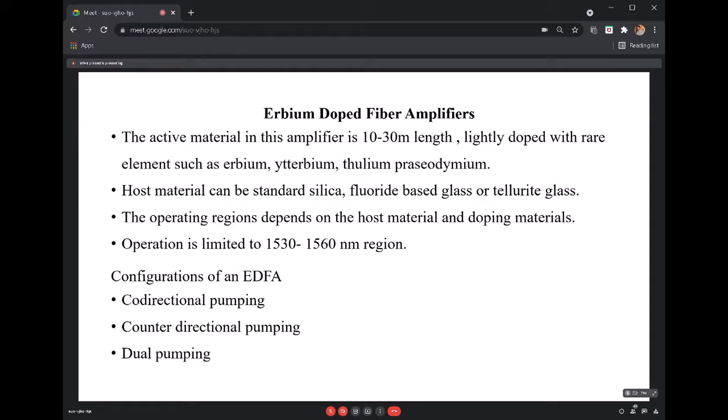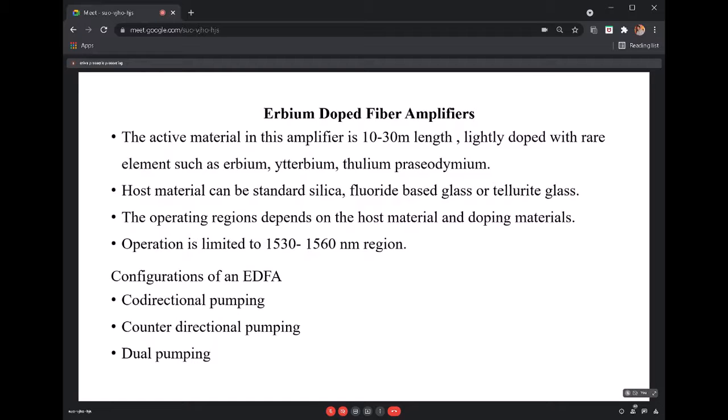In this, your pump laser and the active material will be used before the erbium doped fiber amplifier, or it is after the fiber amplifier, or in two places. Okay, so that is the wavelength selective coupler.